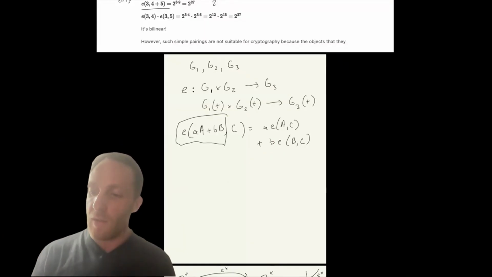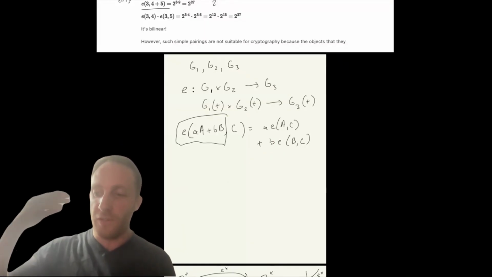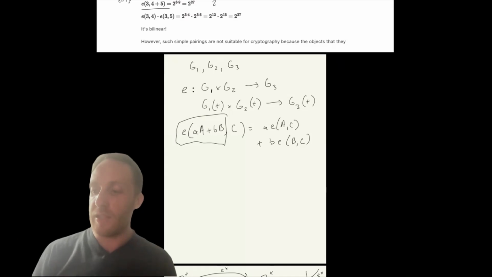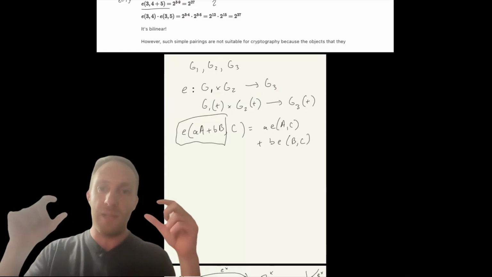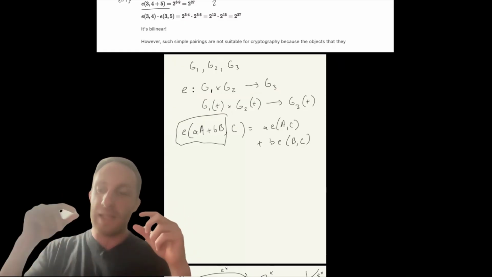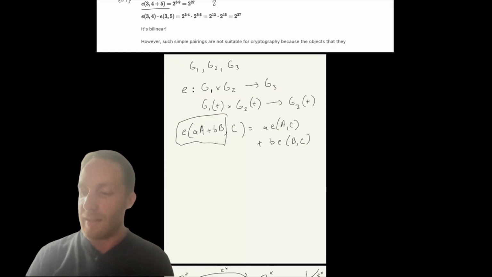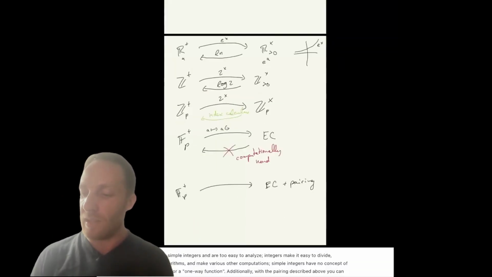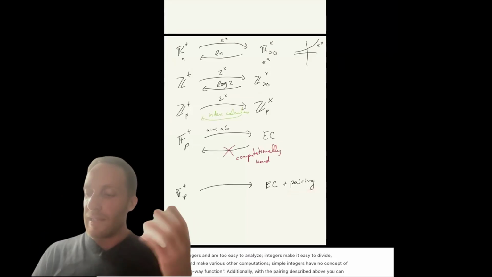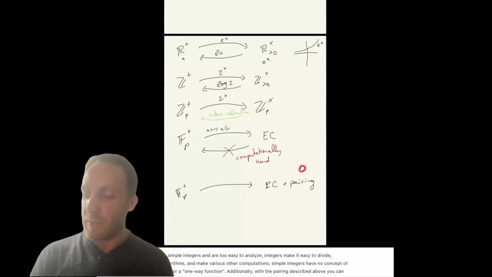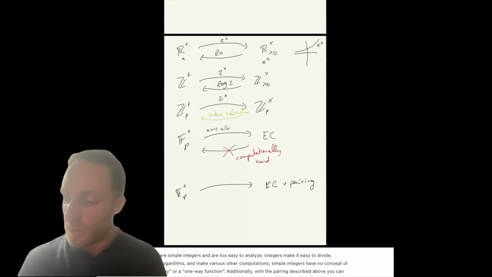For a first, intuitive introduction to this material, just think of all the groups as being the same. Think of the pairing as taking two elements of the same group and mapping to the same group. So think of this pairing as literally a multiplication: the elliptic curve gives you plus and the pairing gives you times.